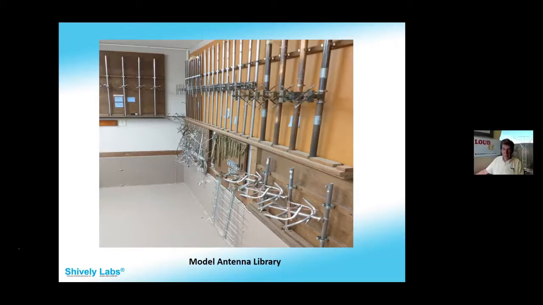Another thing that I noticed, however, up at Shively, I don't know if they do it this way now, but most of the time, or maybe all the time that I've been up there, they actually use the distant antenna to transmit, and they receive with the antenna under test. And the entire antenna range is designed to minimize environmental effects on what the antenna under test receives by the way that it's built.